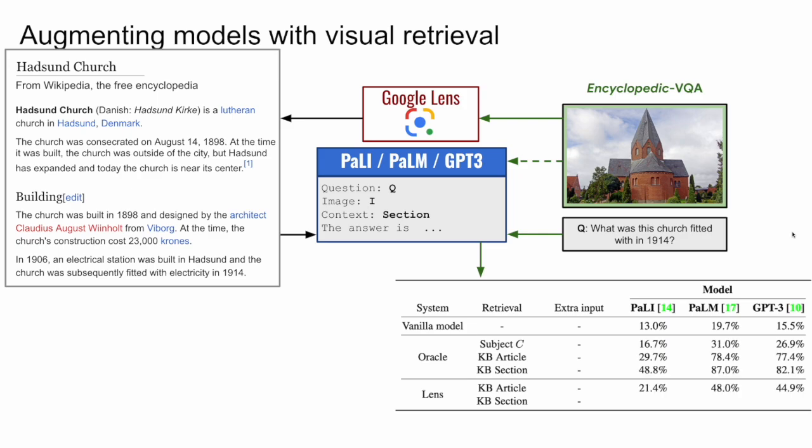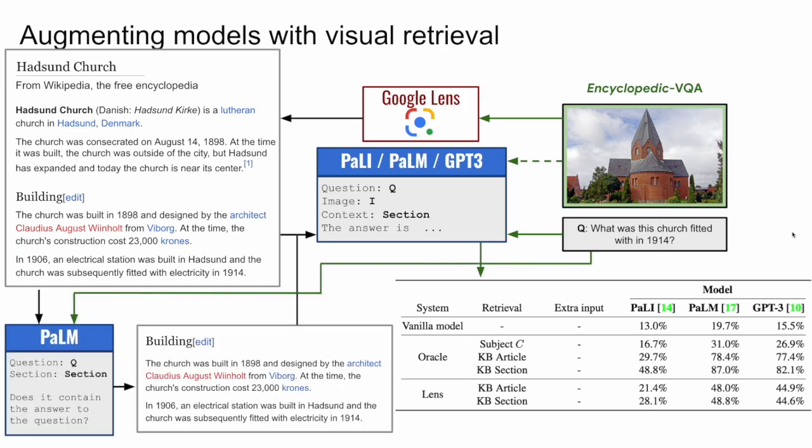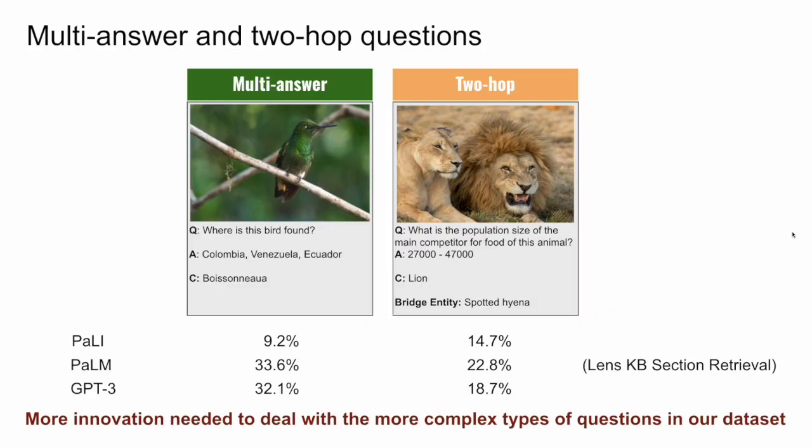We see that using this enormously improves the results. And we can even improve the results further by using another large language model to identify the section by asking for each section, does this section contain the answer to the question, and only feed that as context. We've also evaluated the system on the multi-answer and the 2-hop questions, and we observed that those results are far below what we would have expected.